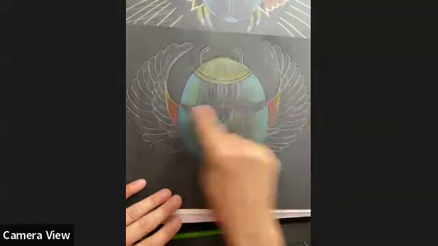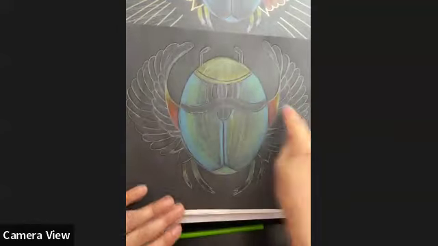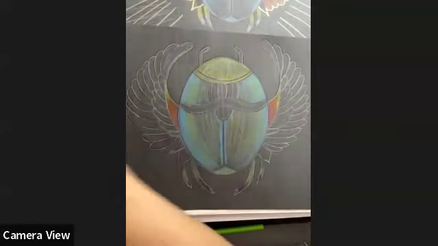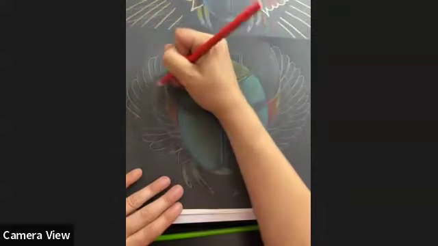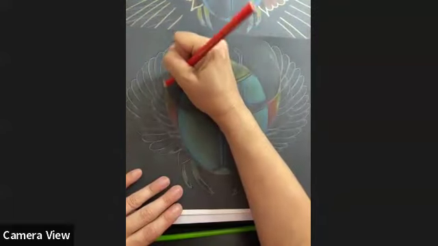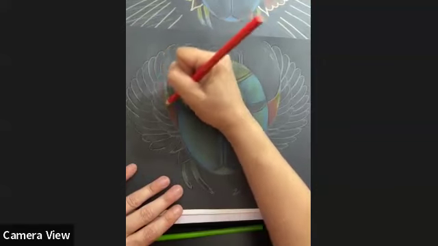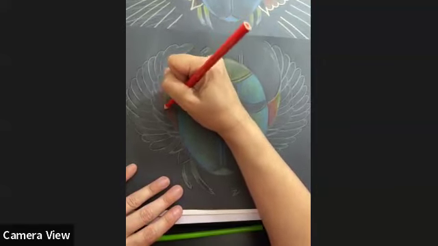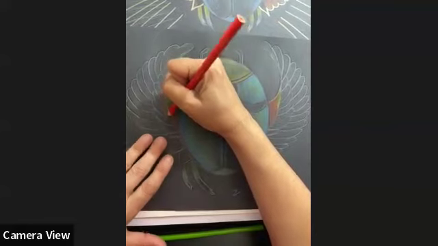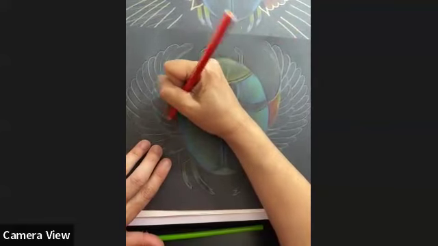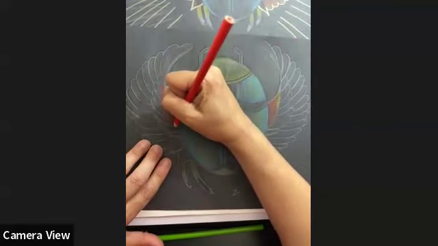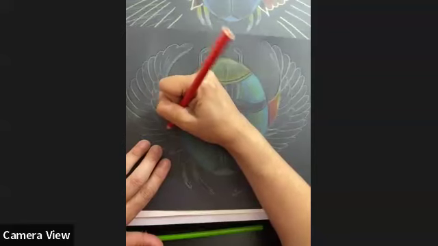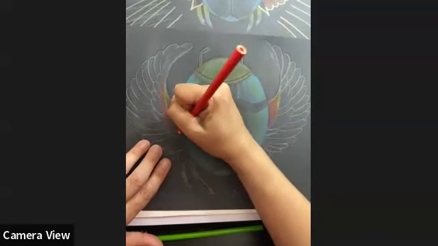So I've done the first two sections here, and now I'm going to continue with each of the feathers. Again, starting out on each one, I add red to the bottom, kind of like fire, you know, when you see pictures of flames.